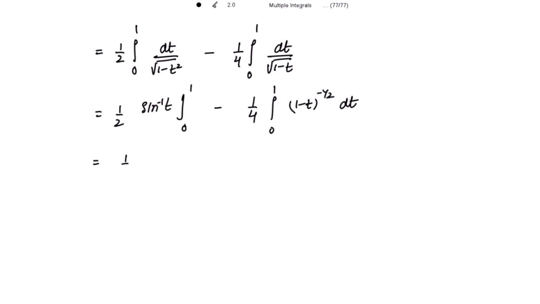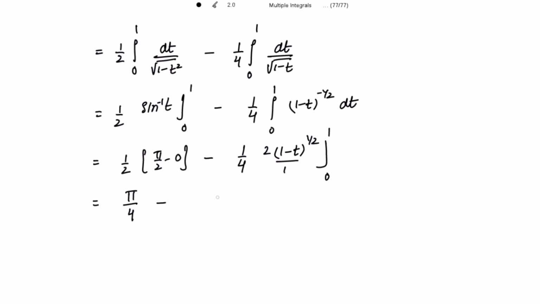So sine inverse 1 is pi by 2 minus 0, minus 1 over 4. Solving this integral, you get 1 minus t power 1 by 2 over 1 by 2, limits from 0 to 1. So this is pi by 4 minus, putting the value 1, you get 0, minus, put 0, you get 1.